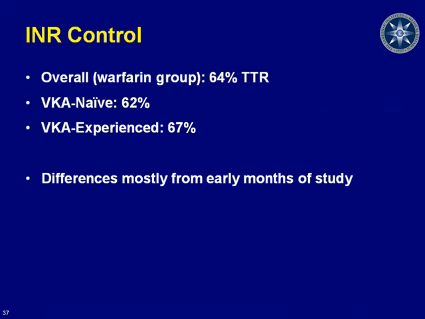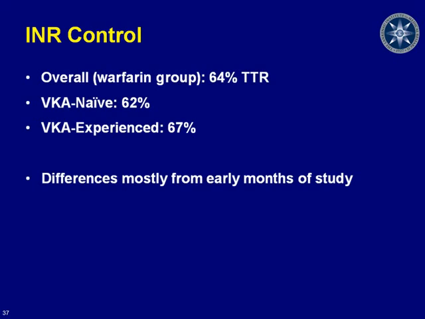In the RE-LY trial, the time in therapeutic range in the Warfarin group was 64%. That's the mean number, and that was well within the range that was considered optimal by the FDA. In the ROCKET trial, the time in therapeutic range was about 55% mean, 57% you can see highlighted the median.